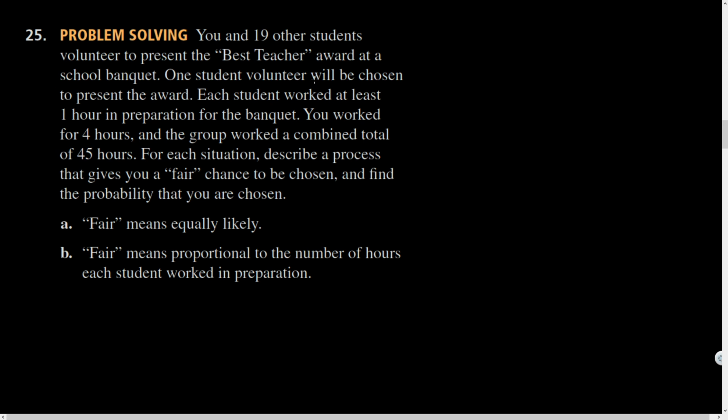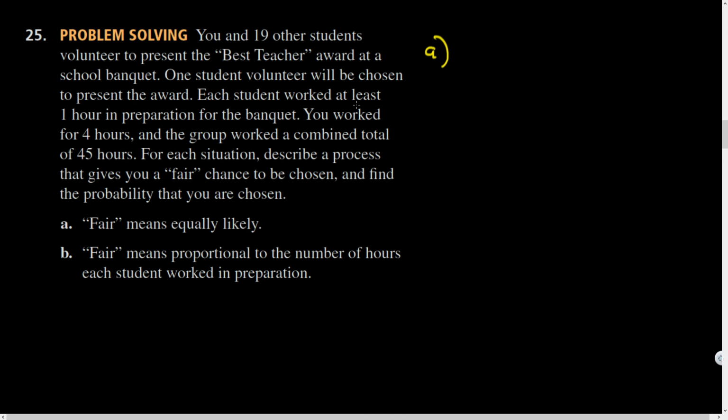Okay. All right. For each situation, describe a process that gives you a quote-unquote fair chance to be chosen. By the way, I did do air quotes with my fingers, even though I'm not on the video visible. So there we go. What if fair means equally likely amongst all students? And so what would you do?